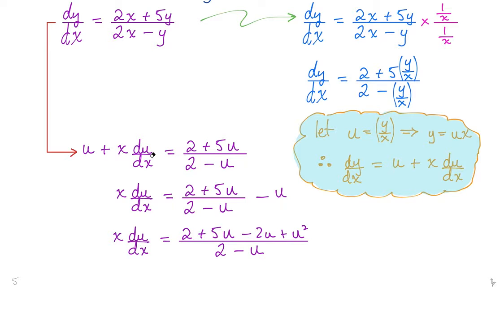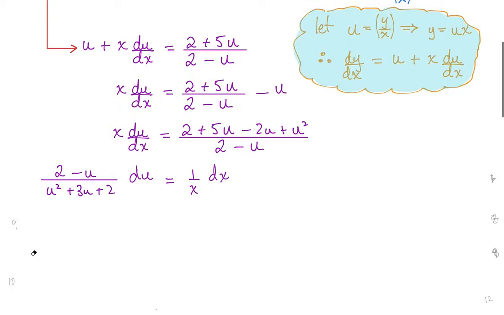Now, if we rearrange this equation, getting u to the far side, and then getting everything over one denominator, we get to this situation where we have x du/dx is (2 plus 5u minus 2u plus u squared) over (2 minus u). That further simplifies, and it looks something like this, where this expression up here becomes u squared plus 3u plus 2, and this denominator comes upstairs to be (2 minus u) du.